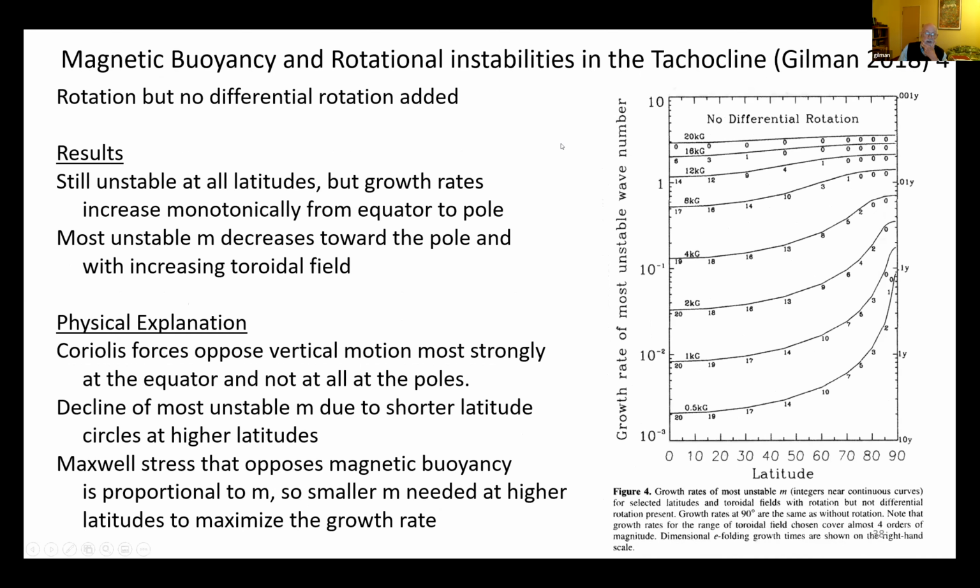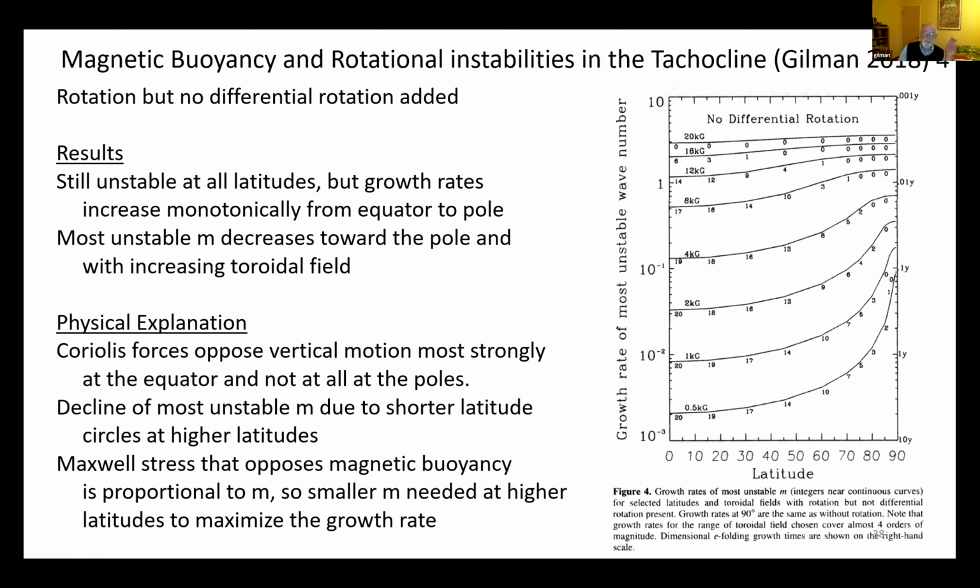Now, you add rotation to this, and what you do is you stabilize it much more at low latitudes than at high. This is for different field strengths here now. These little numbers are the most unstable mode, and they're getting smaller as you go towards the pole, not surprisingly, because the linear dimensions are getting smaller. But you see here how fast these things are. 0.01 years, that's just 3 days up there.